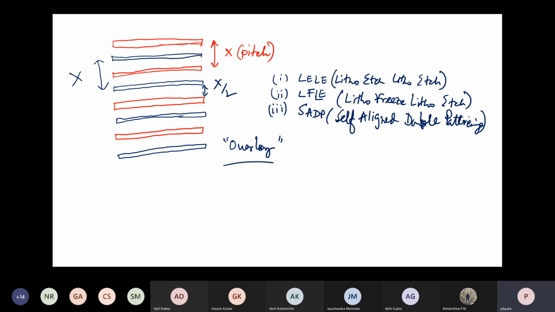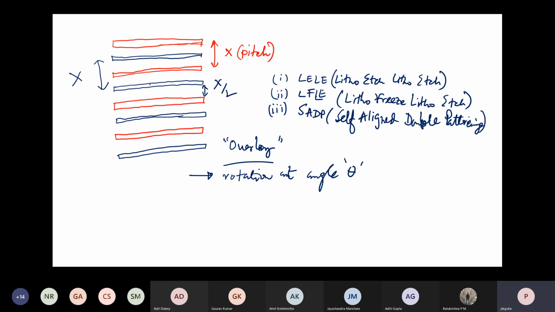So the success of double pattern lithography depends on how accurately you can overlay the second pattern on top of the first pattern, right? There might be different kinds of errors, maybe rotational error, rotation at an angle theta, okay, that can be one error.